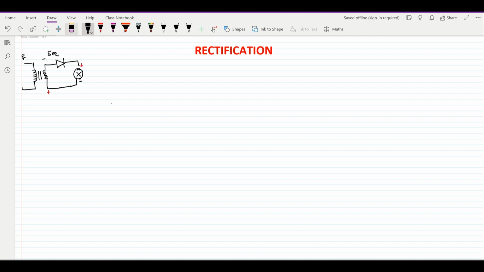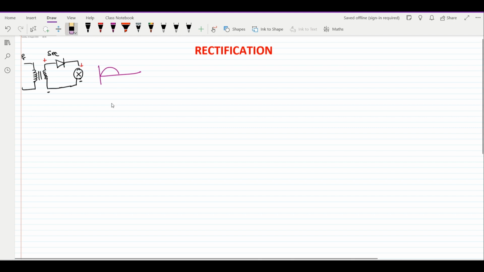Remember, a diode can only conduct current in the forward bias region, but it blocks the flow of current when it flows in the reverse bias region. When this terminal is connected positive with respect to the other terminal, the diode will allow current to flow through. Then our output will be as normal.